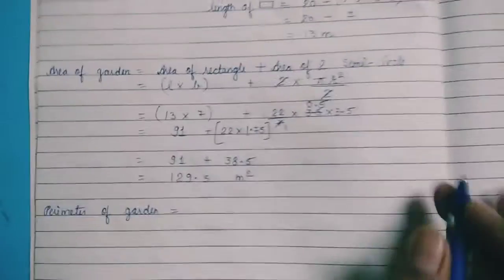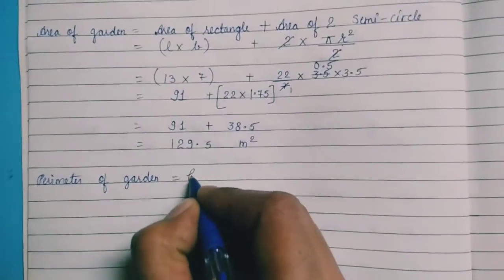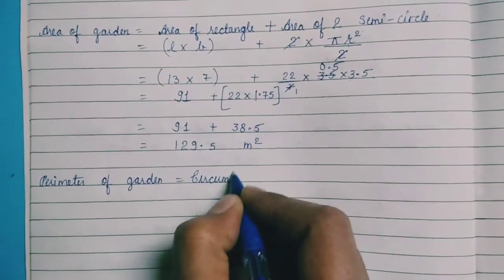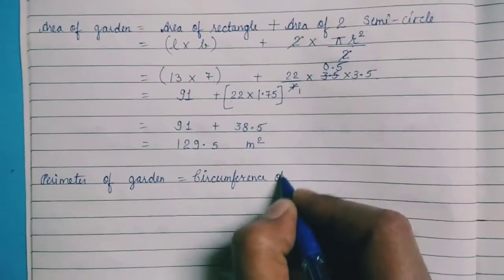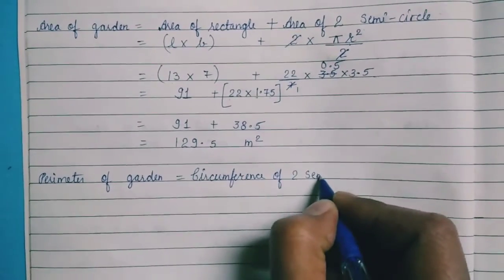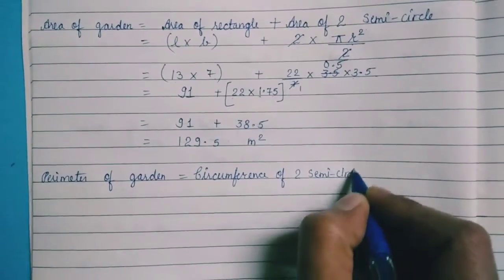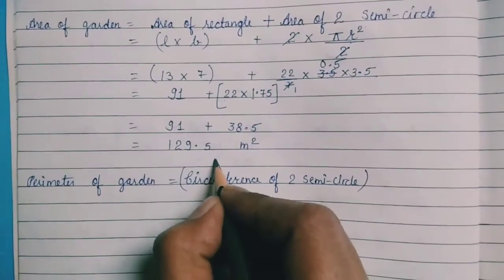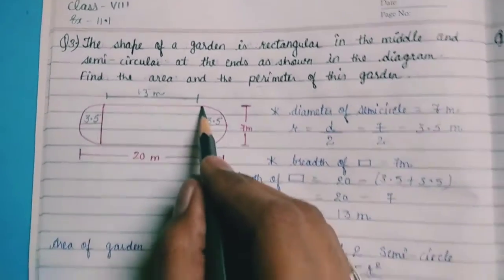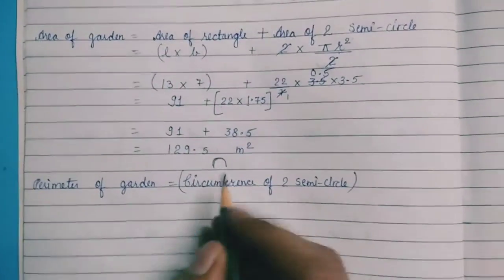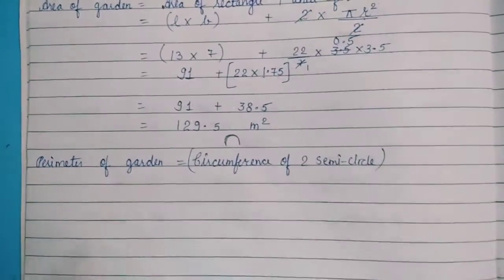And we know when we take the circumference of two semicircles, that will give us only the circular boundary of a semicircle. It will not give us this 7. The diameter will not be included in the semicircle circumference.